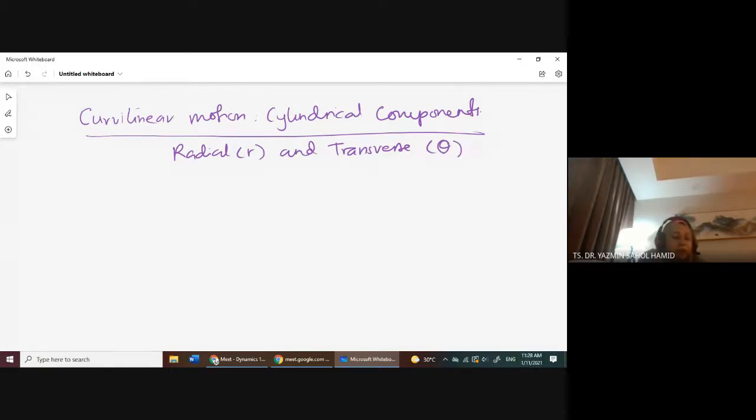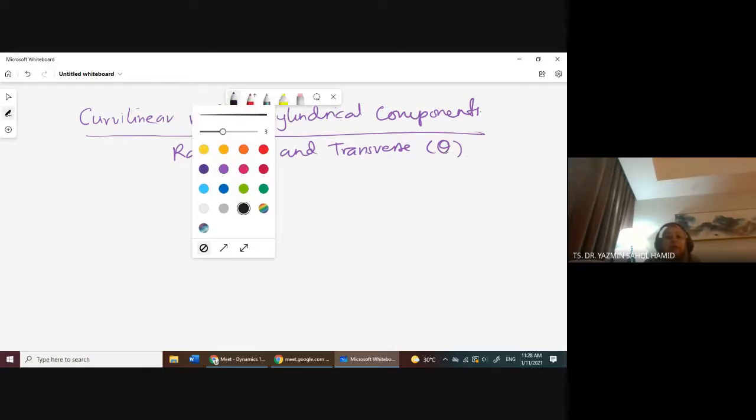Now, sometimes the motion of a particle is constrained on a path. So when you have a motion that is constrained on a path, and it is moving in a curved line, then we can use radial and transverse. So the key point here on how you want to identify is understanding what it means.